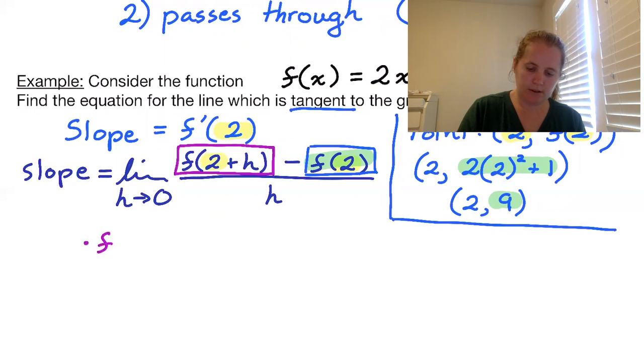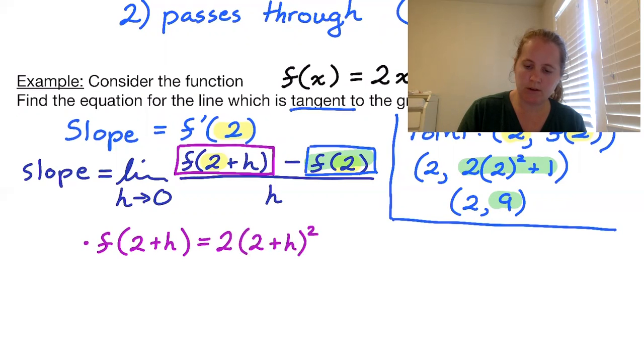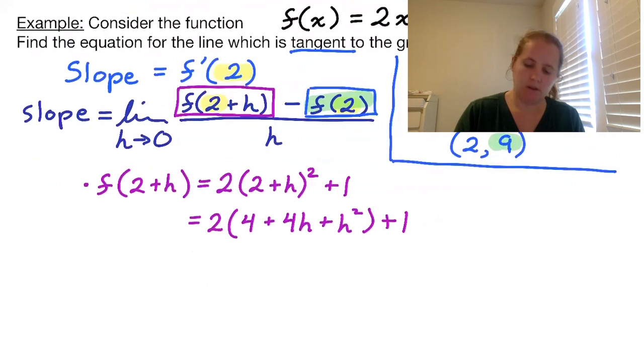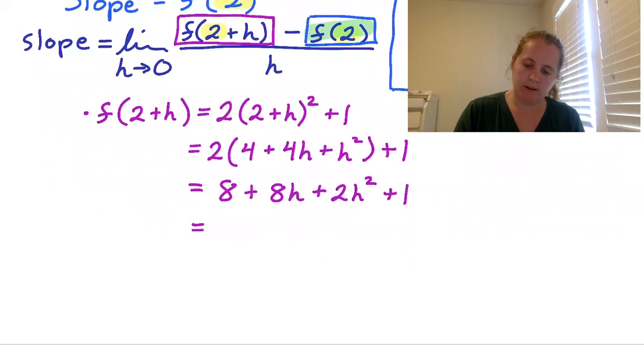So f of 2 plus h, we have 2 times 2 plus h, quantity squared, plus 1. This becomes 2 times 4 plus 4h plus h squared plus 1, or 8 plus 8h plus 2h squared plus 1. If we rearrange that, we have 2h squared plus 8h plus 9.